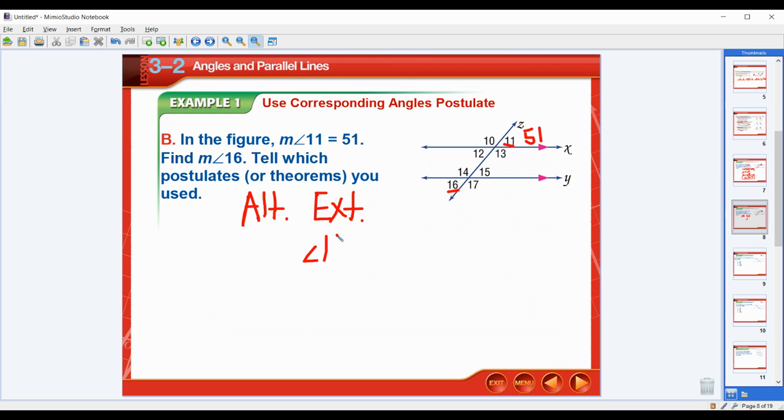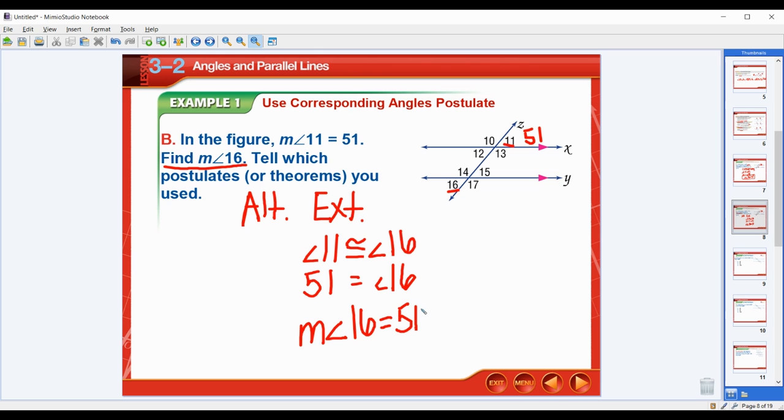So we are going to say angle 11 is congruent to angle 16, and angle 11 is 51. So we can say 51 is equal to angle 16. And our final step here, I'm just going to write it out real pretty, just like the way the PowerPoint is asking. So the measure of angle 16 is equal to 51 degrees.